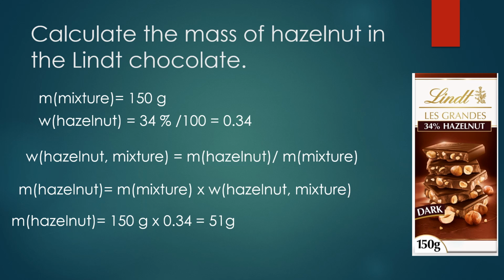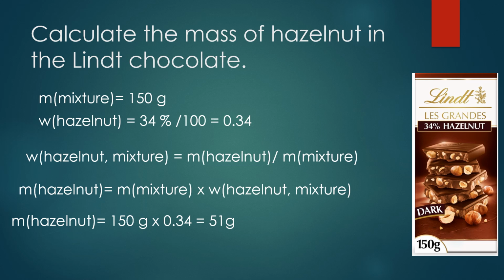If you have 51 grams of these nuts in this chocolate, how much is actually everything else in the chocolate? You know that the mass of the mixture is 150 grams. Now you know that the mass of the hazelnut is 51 grams. So everything else inside of the chocolate will be approximately 99 grams, chocolate and every other stuff that this chocolate is made of.